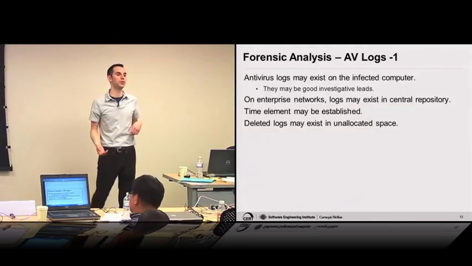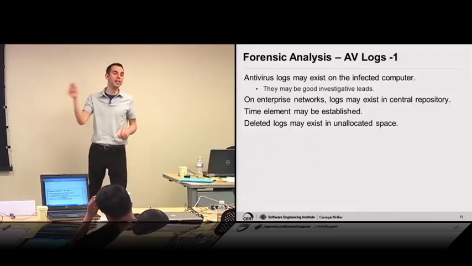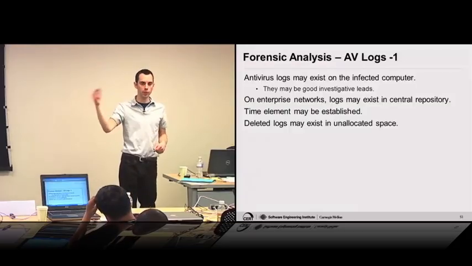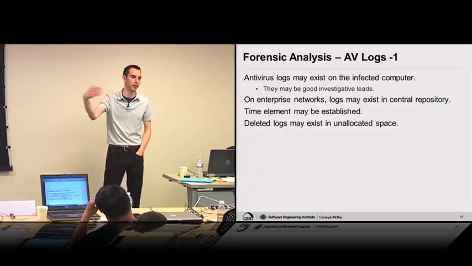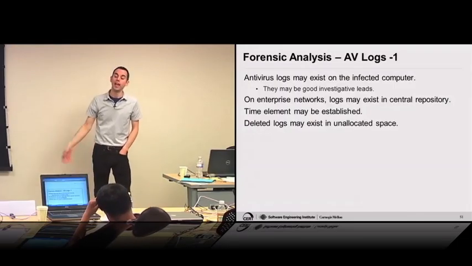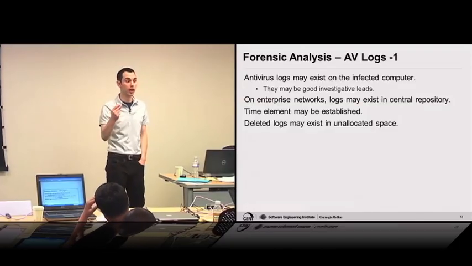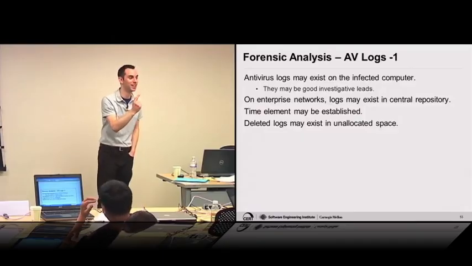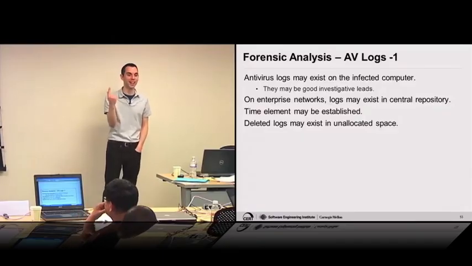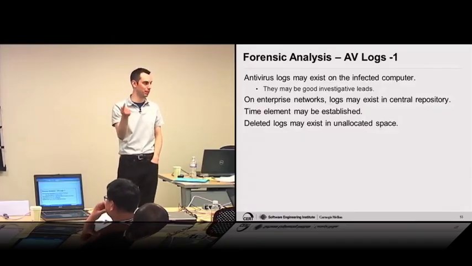I actually had a case one time that was really interesting. It was a PDF exploit. Someone had clicked on a link and got a malicious PDF file, and the antivirus caught it immediately. But the PDF had already been run. Antivirus caught it because it had been run.